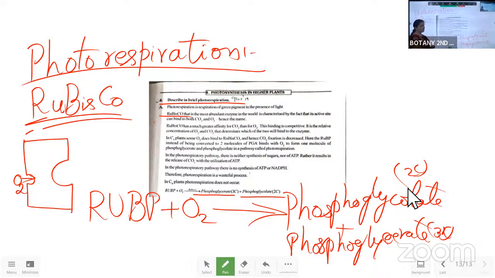And in this phosphoglycerate, that is the phosphoglyceric acid, PGA, this won't start the further steps. The further steps are started with the phosphoglycolate. That is a 2-carbon compound. So we will call photorespiration the C2 cycle. Okay. Now this phosphoglycolate will go into different forms, into different organelles.